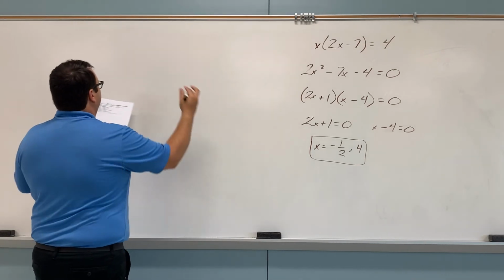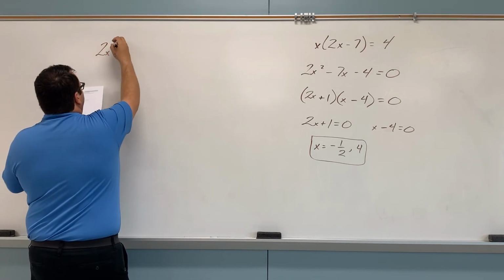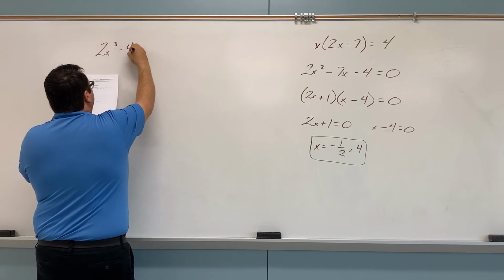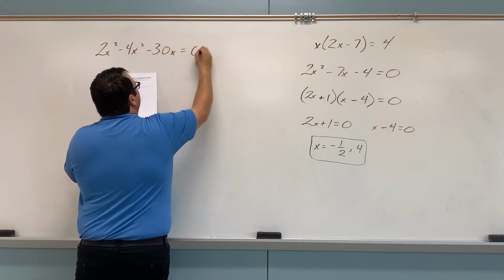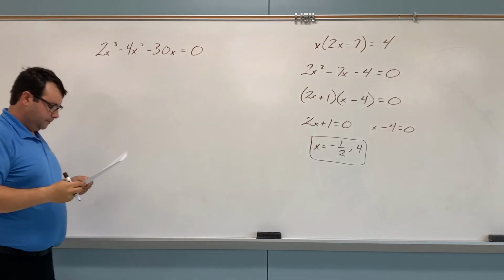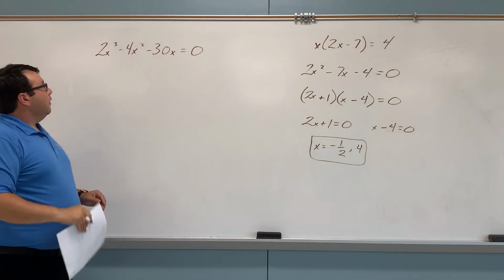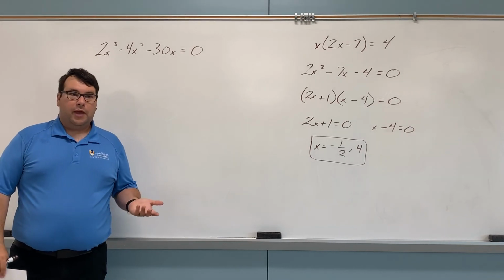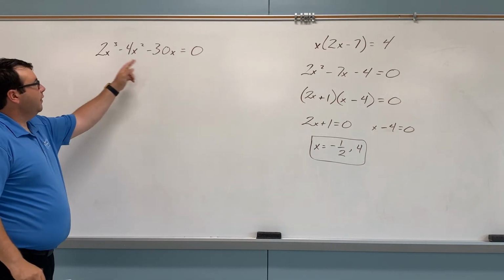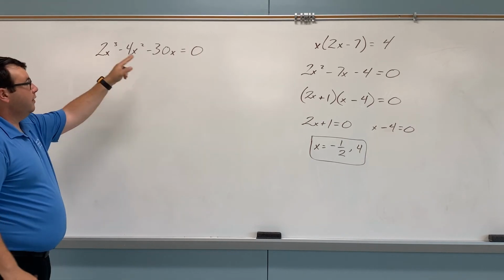Okay, example 5. So I've got 2x cubed minus 4x squared minus 30x is equal to 0. First things first, of course, do you have a GCF? Yes, what is it? Well, everything's even, and everything has at least one x.